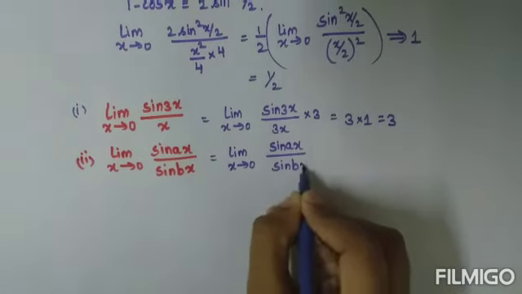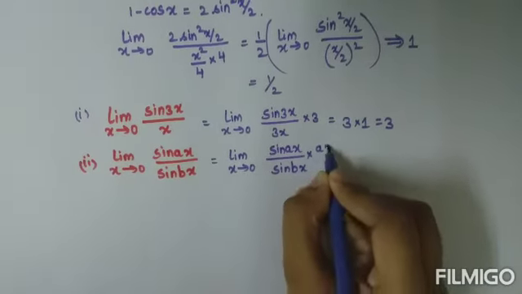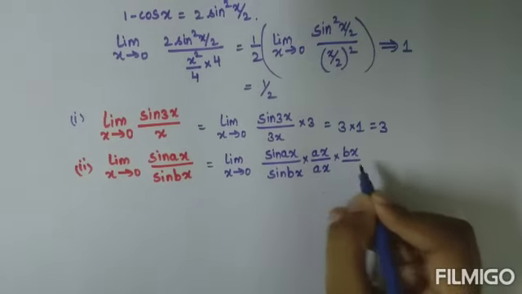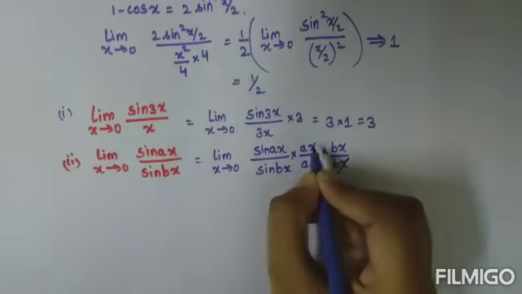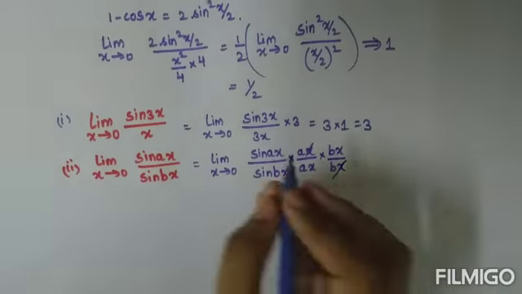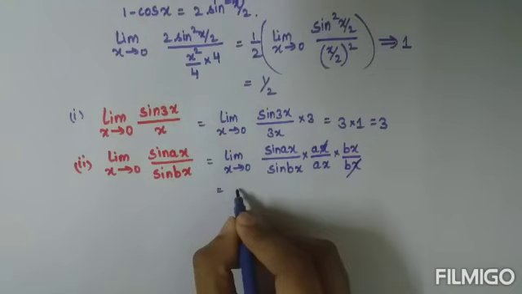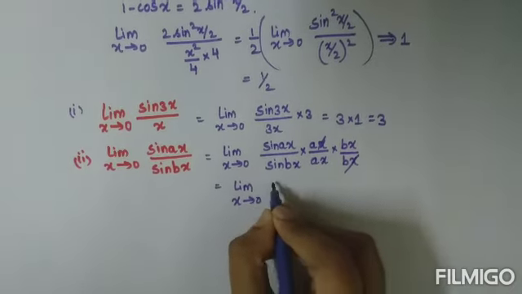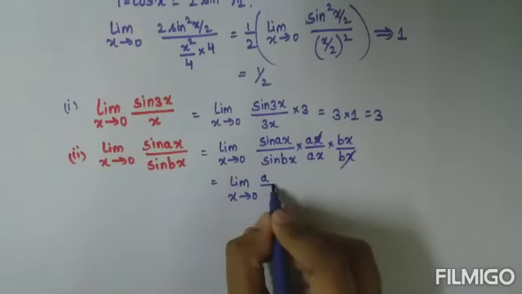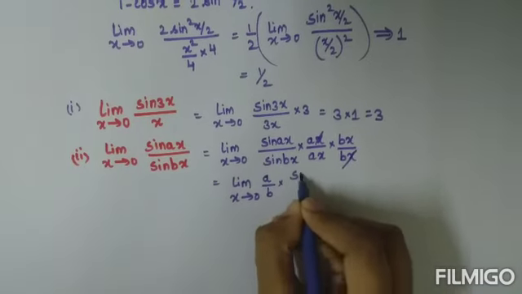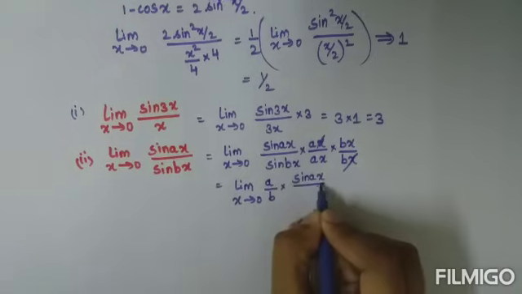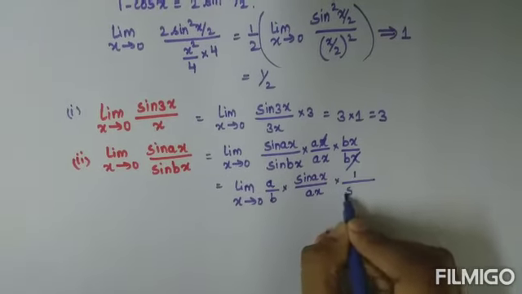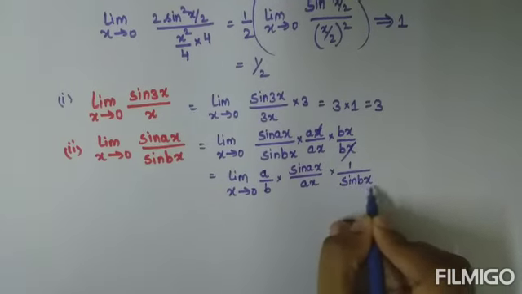So now let us multiply and divide with ax as well as bx. So this x and this x get cancelled, and we write limit x tends to 0 a by b into sin ax by ax into 1 by sin bx by bx.